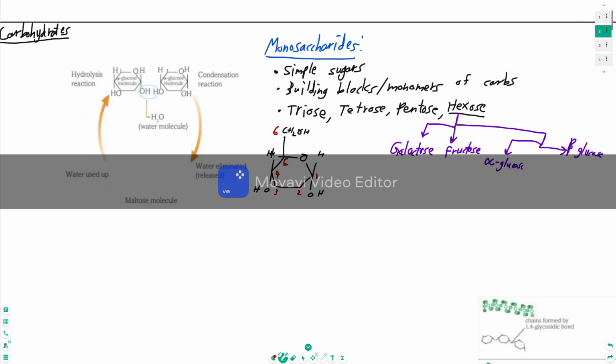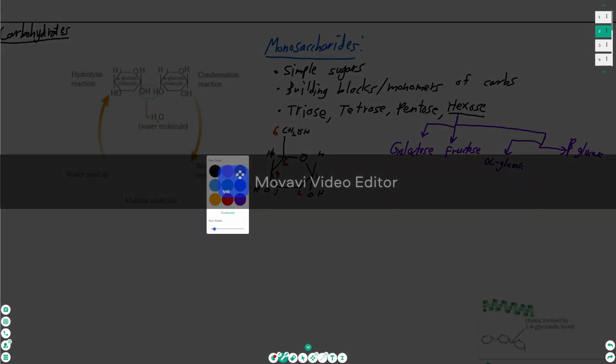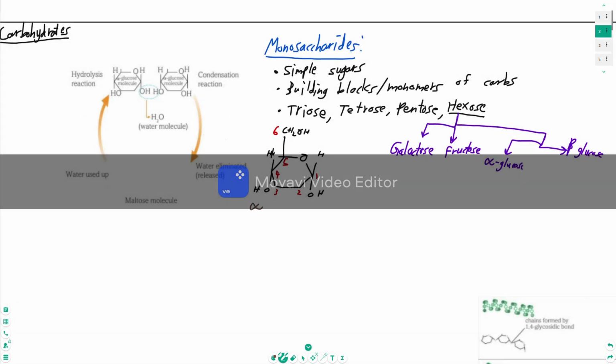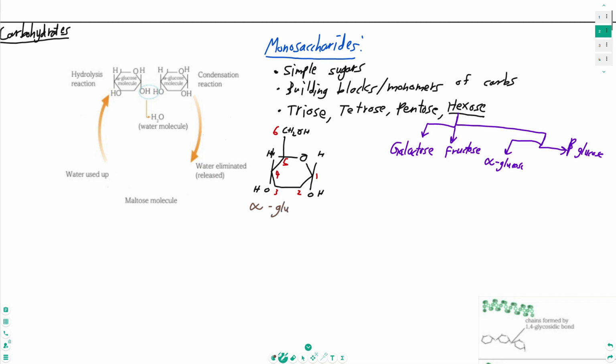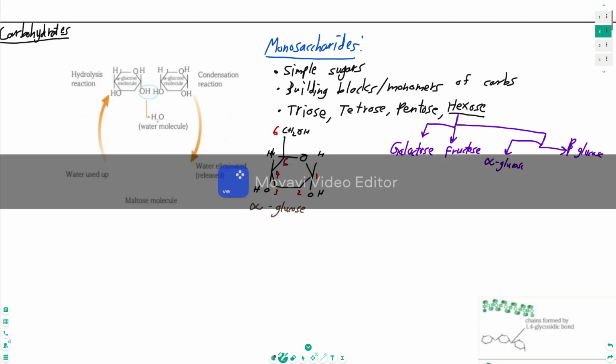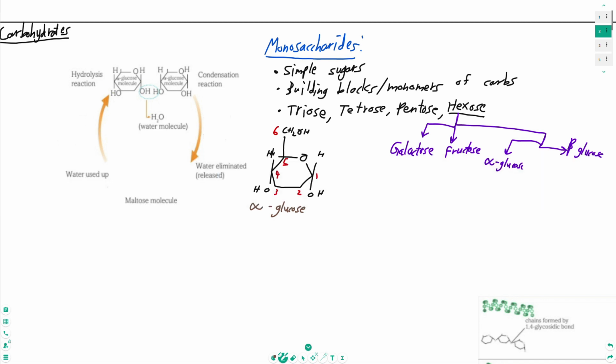So in alpha glucose, which is what this is, the OH of carbon 1 is pointing in the opposite direction to the OH of carbon number 6.